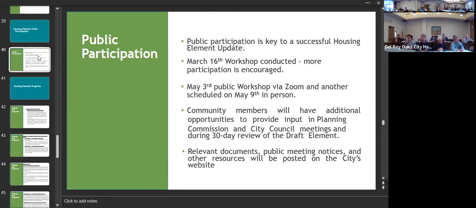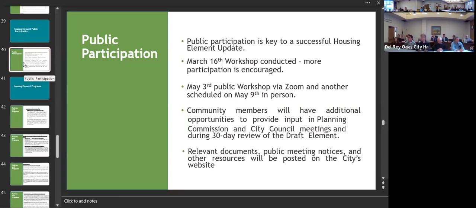We're trying to get not just comments now, but any comments the public has during that 30-day review period of the draft 6th cycle housing element. We take those in, consider them and make the changes, and we have 10 days, about 2 weeks essentially, to do that. Then it gets submitted to HCD. So there's another opportunity for public comment, and then HCD provides comments back to us.